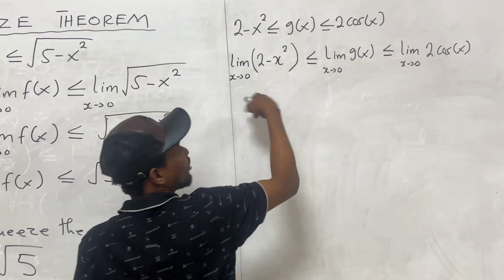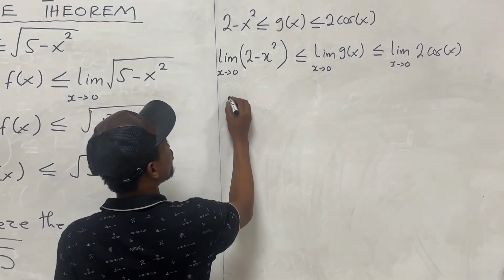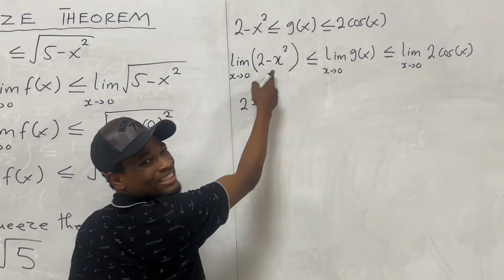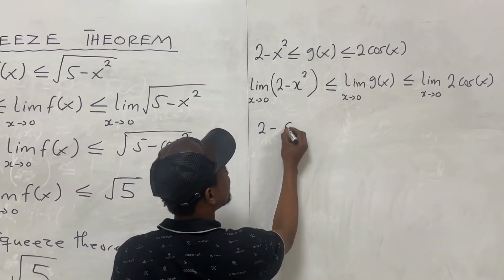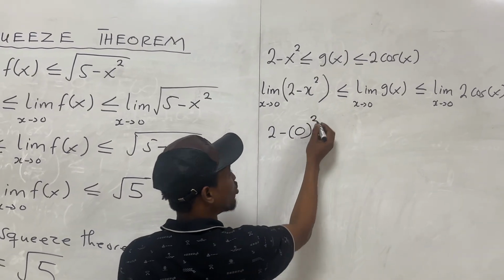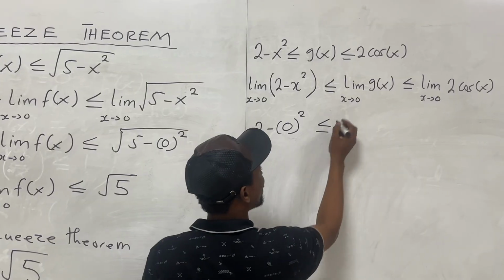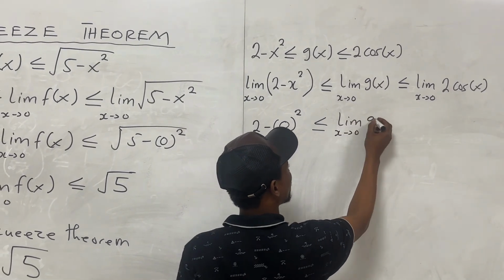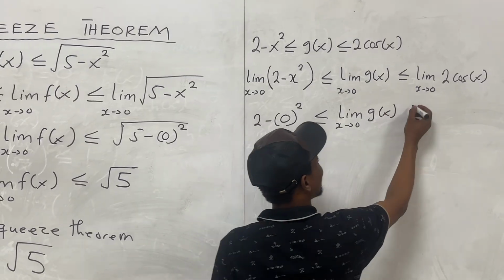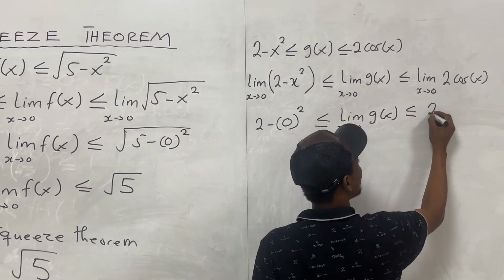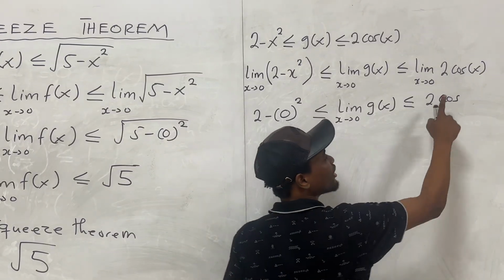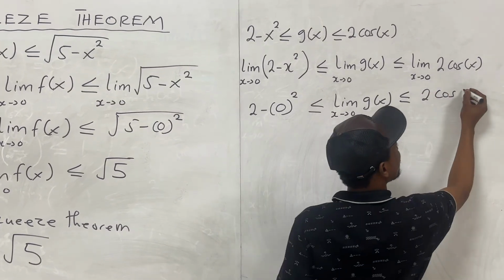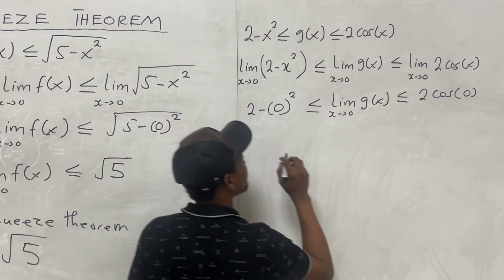Now let's evaluate this. So we have 2 minus, wherever you see x, it goes to 0, minus 0 squared, less than or equal to the limit of the middle function, which is g of x, less than or equal to 2 cos, wherever you see x, it goes to 0, times 0 this way.